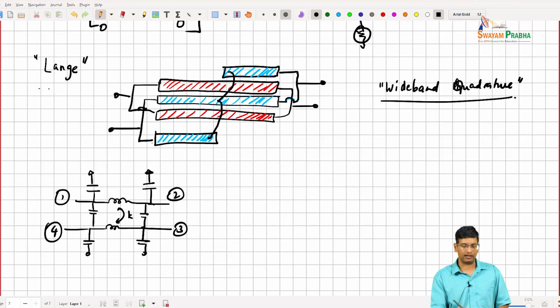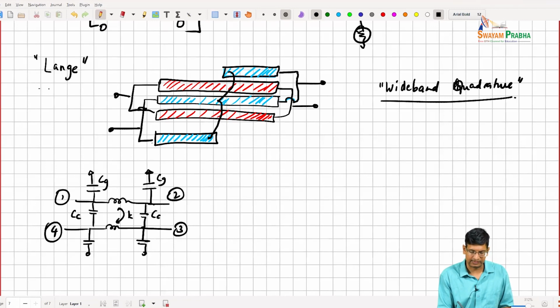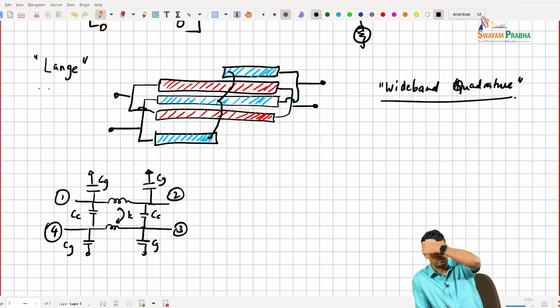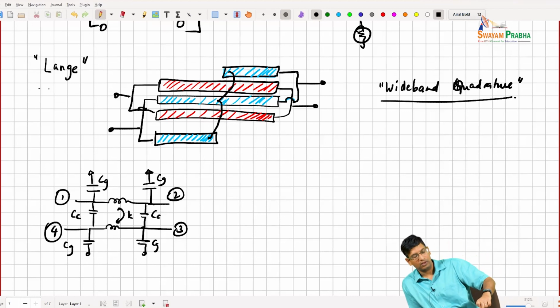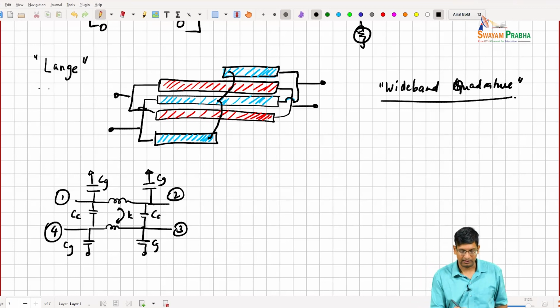And you can analyze these kind of circuits in odd and even mode as well. You can clearly see that these CCs, so basically, you can figure out that if you want to, for example, decrease your odd mode impedance, you have to increase CC and the coupling between them. And if you want to increase your even mode impedance, you have to make sure that this CG to ground is reduced.